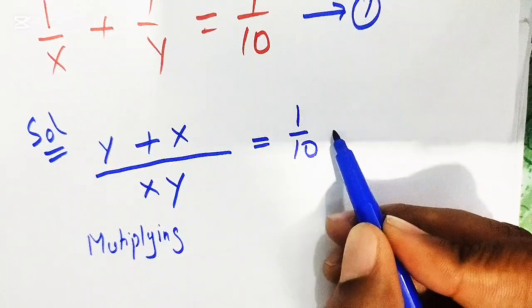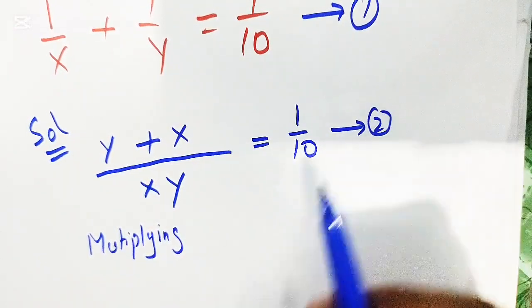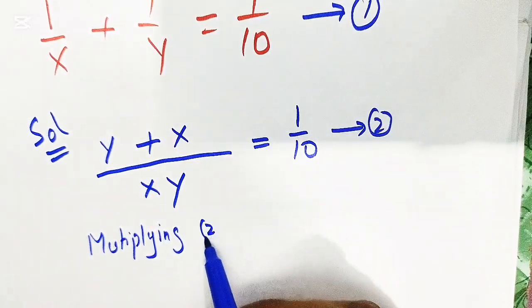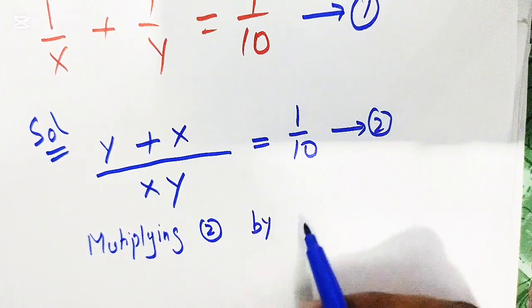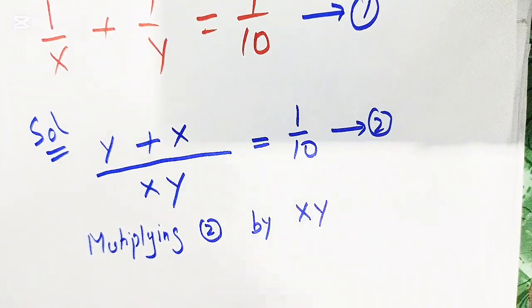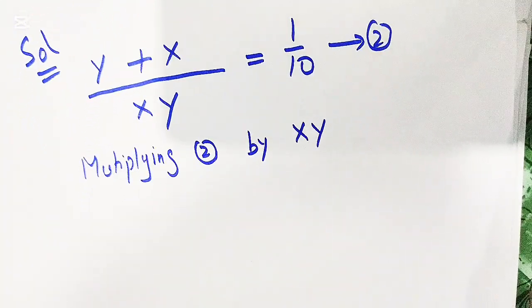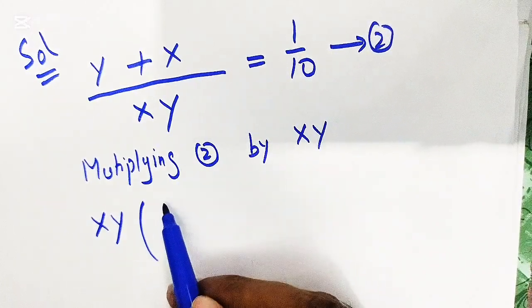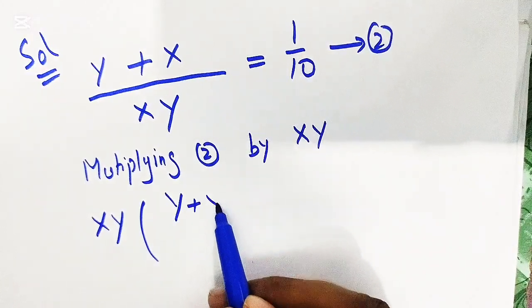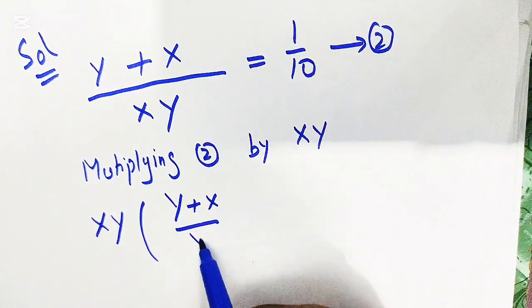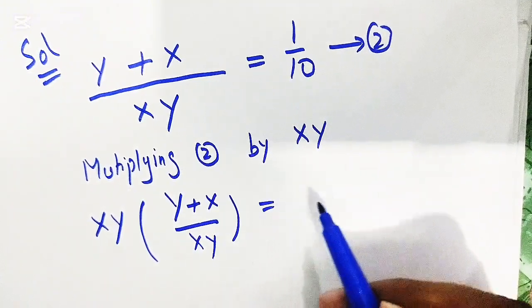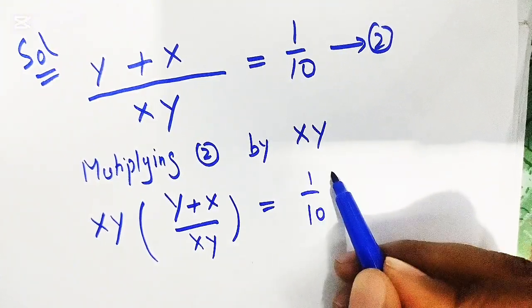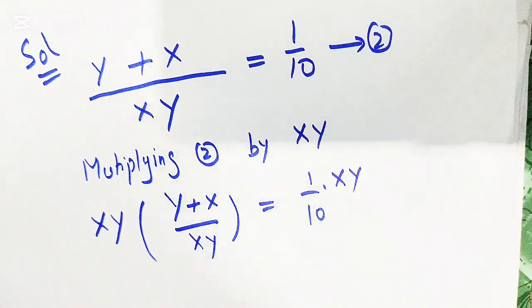I will call this equation number 2. Multiplying equation number 2 by xy, we get xy multiplied by (y plus x) over xy is equal to 1 over 10 times xy.